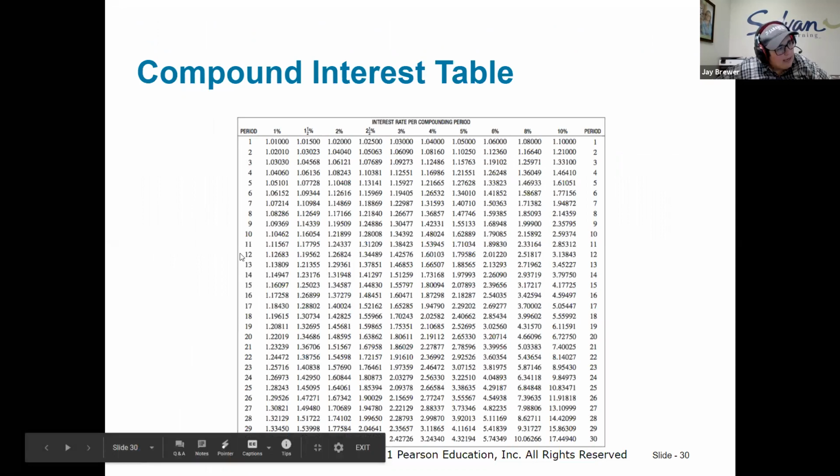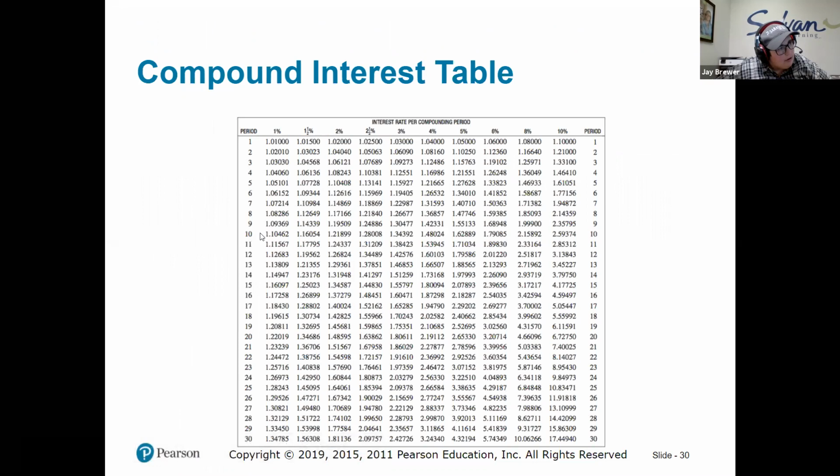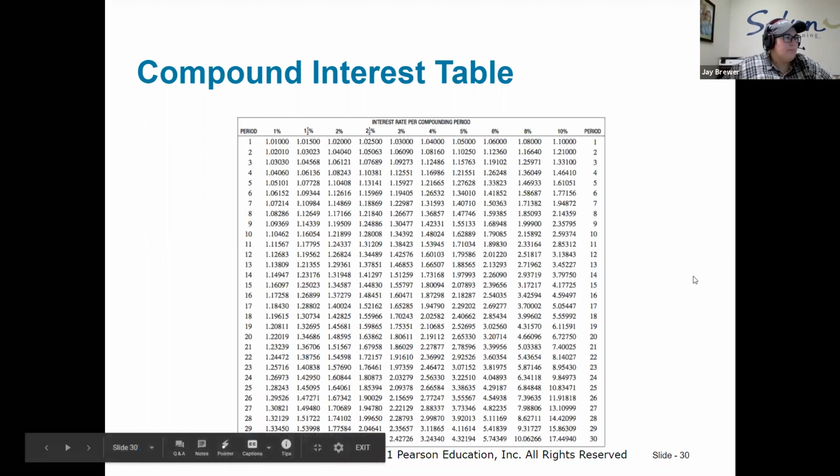So when it was 10 periods and the percentage was what? 2.5, right? If we would have taken the 4,500 times 1.28008, it's a little bit different of an amount.